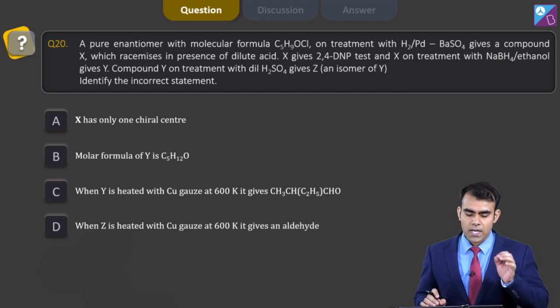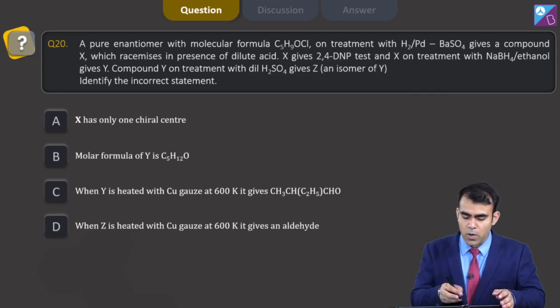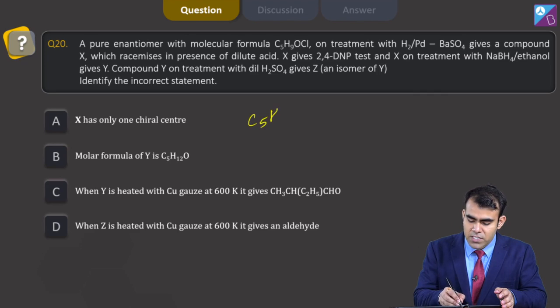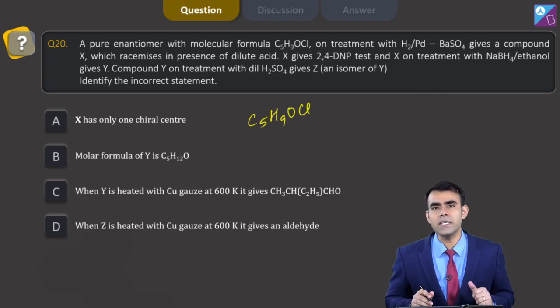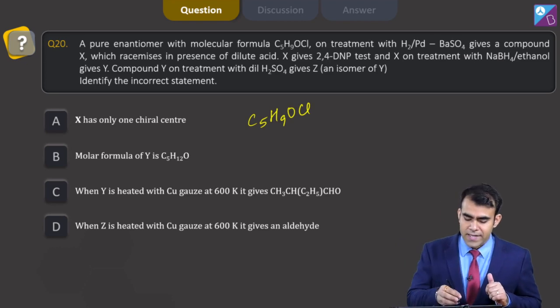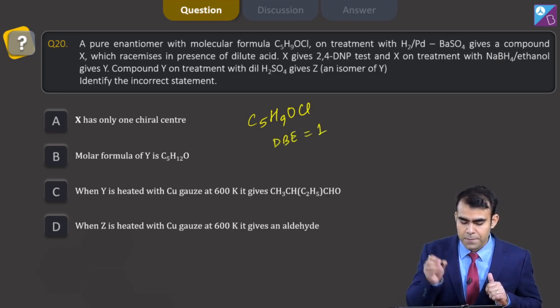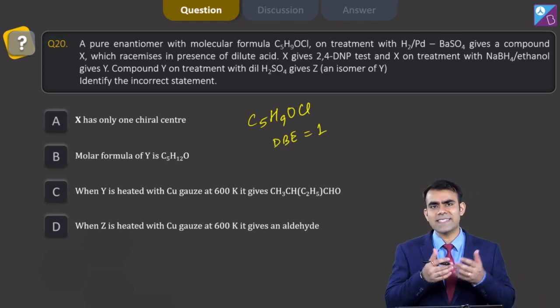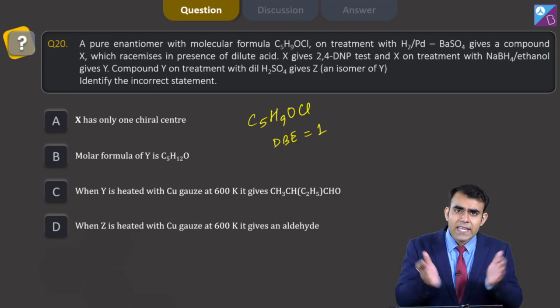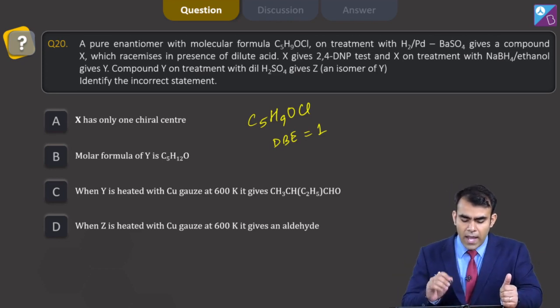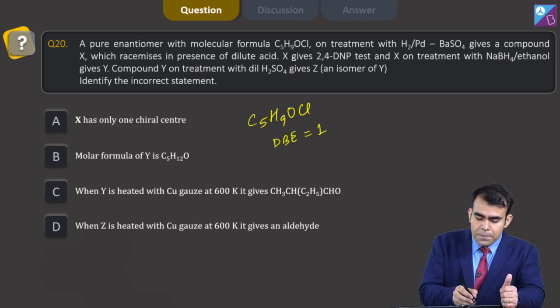Next question says a pure enantiomer with molecular formula C5H9OCl. Now here if we calculate the DBE or the double bond equivalent, then you can see that DBE here is 1. It means either there is a carbon-carbon double bond or a carbon oxygen double bond, or a ring is there, and it says that the compound is a pure enantiomer.